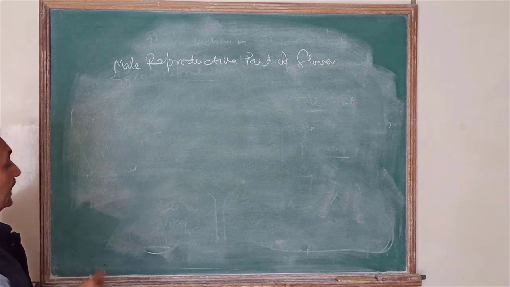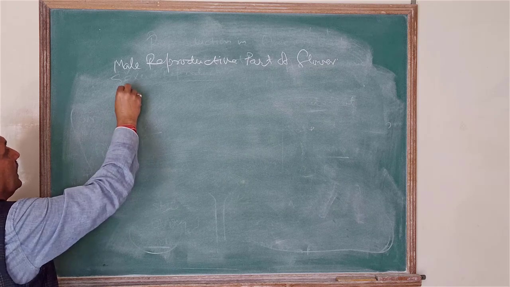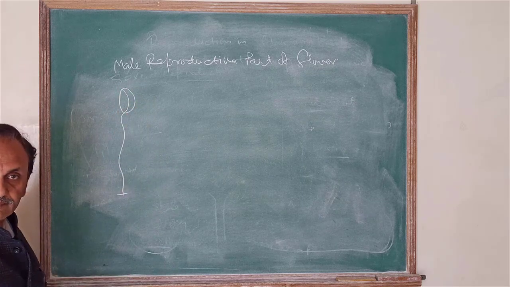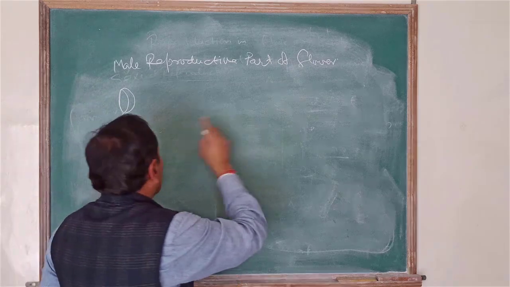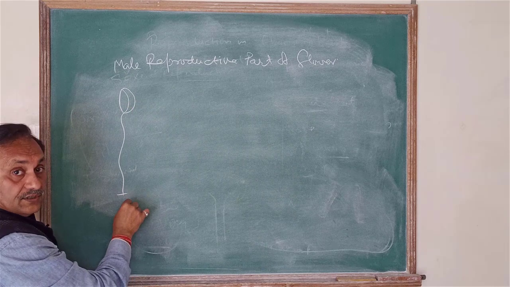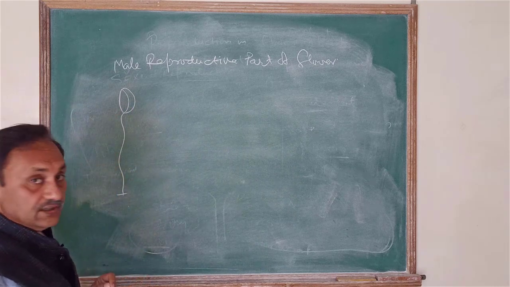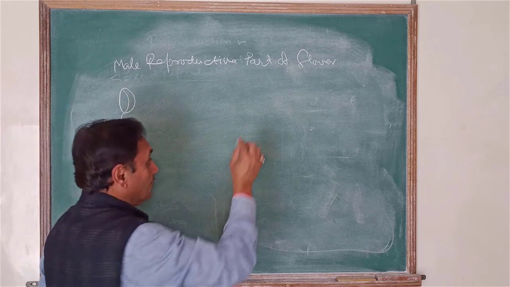Just as I have discussed earlier, it has an anther and a filament. Now if you see, the anther is attached with the filament. On the basis of how the filament is attached with the anther, the anther is of many types.